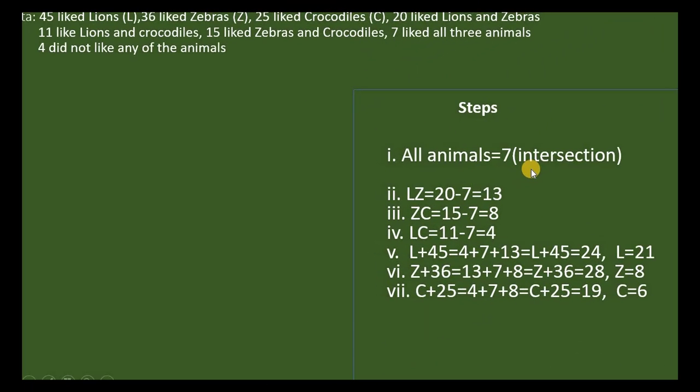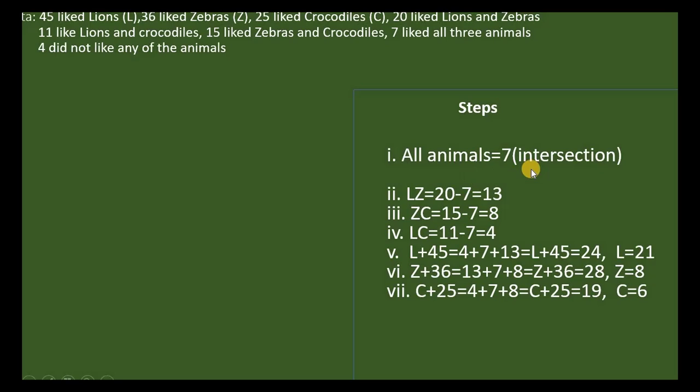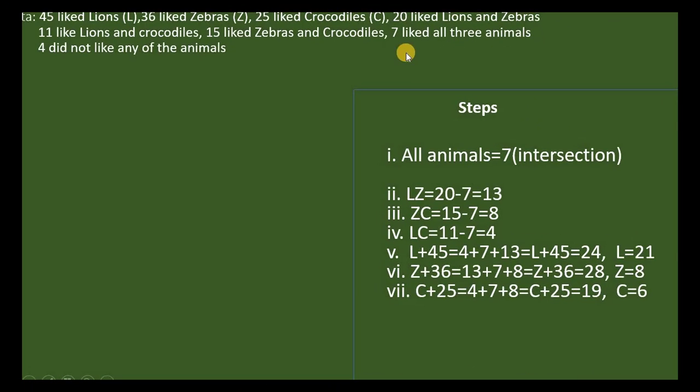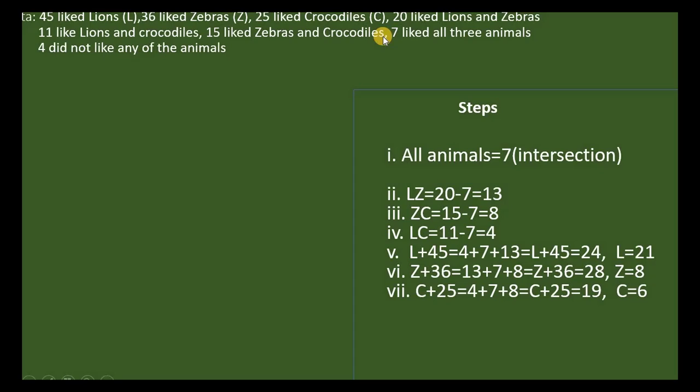Great. And so we are going to follow the following steps, and these steps will help us to list the information in the Venn diagram. Number 1, we have to make sure that we indicate all the people who watched all the 3 types of animals. According to the information, 7 liked all the 3 types of animals.